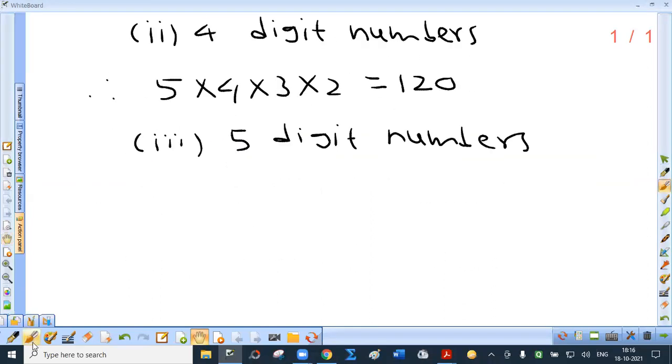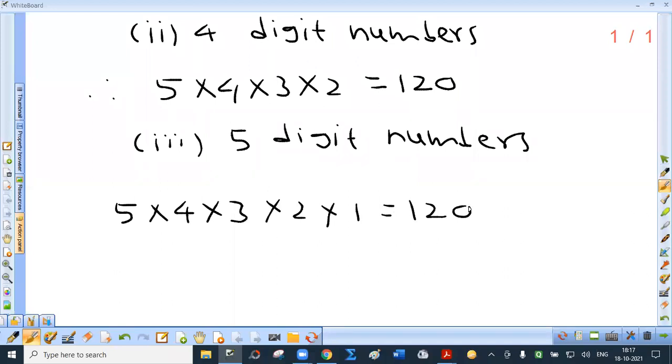Therefore, 5 into 4 into 3 into 2 into 1. So again, 120 such numbers can be formed. Next line.